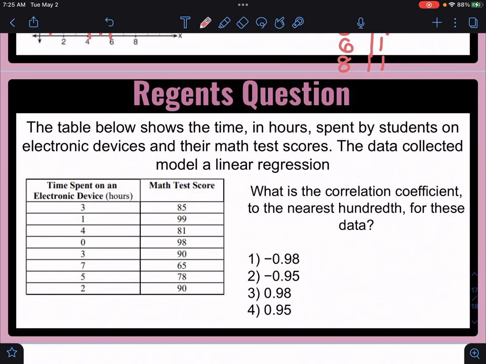Alright, and now let's see, what is this correlation coefficient? Well, the numbers, I can't really tell if they're going down or up because it's everywhere. So let me go type this in my calculator. I go back to lists and spreadsheets, I go up to A and I put X. I put 3, 1, 4, 0, 3, 7, 5, 2. And then I put the other numbers.